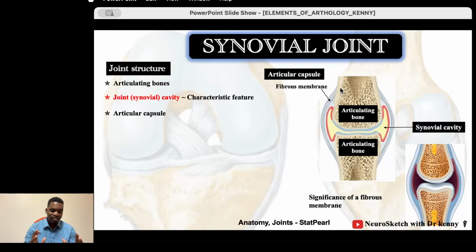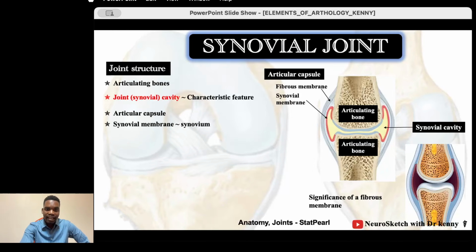The outer fibrous membrane of the articular capsule connects the articulating bones. You see, it covers the synovial cavity, but it also brings together the articulating bones. So this bone and this bone are bound together by the fibrous membrane of the articular capsule. It also has the inner layer, which is made up of the synovial membrane.